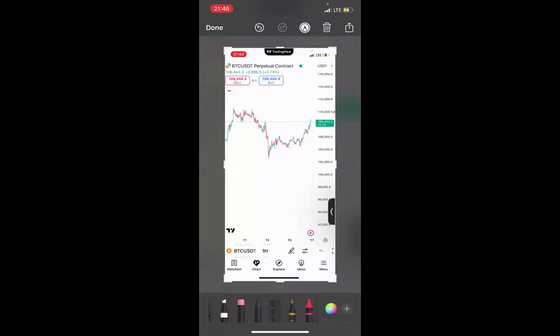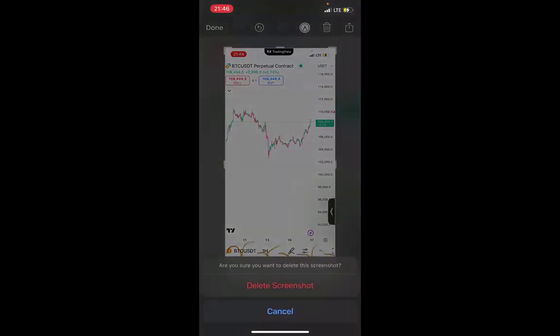Even though this is written perpetual contract, in our community we don't trade the perpetual contract, we trade the spot market. And then down here you see your watch list, you see your charts, and then you see the explore and ideas menu.